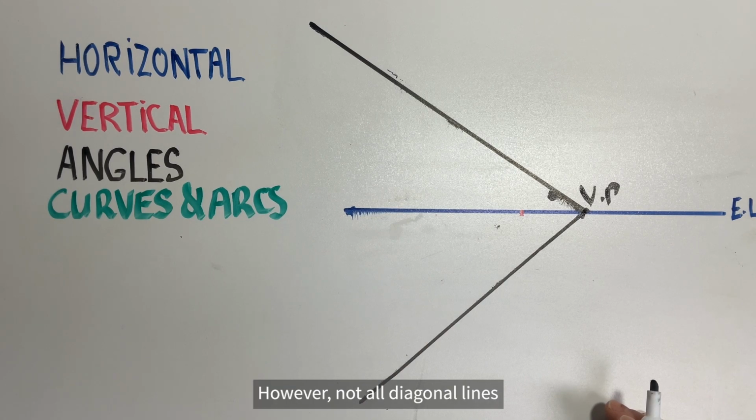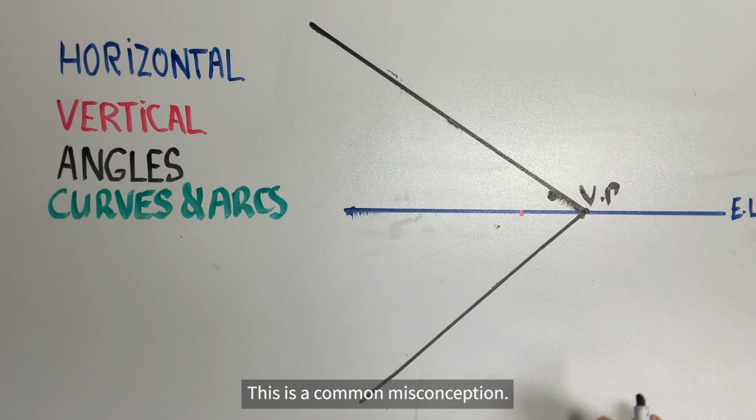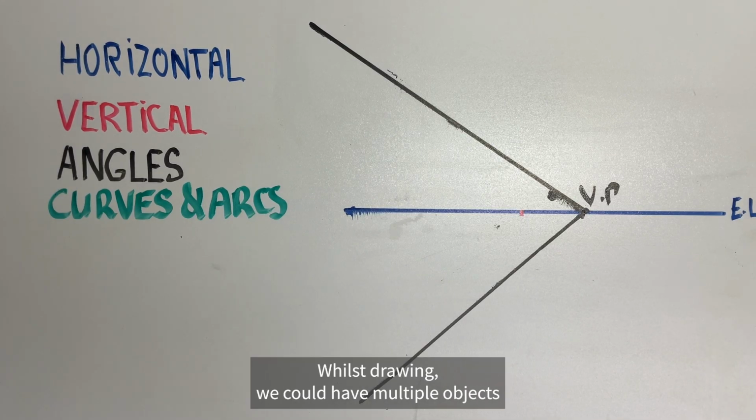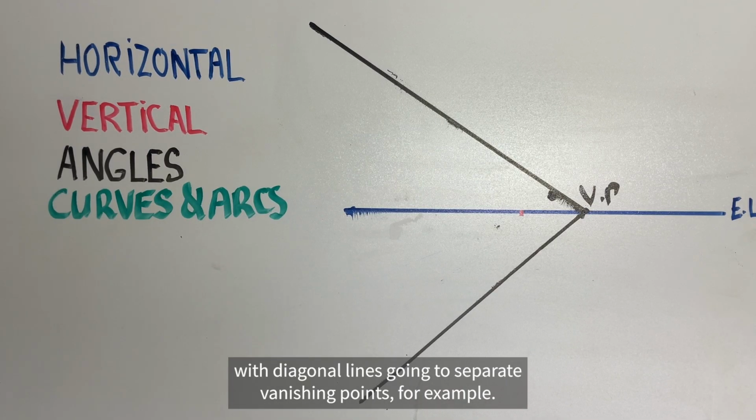However, not all diagonal lines from an object will sit on an eye line. This is a common misconception whilst drawing. We could have multiple objects with diagonal lines going to separate vanishing points.